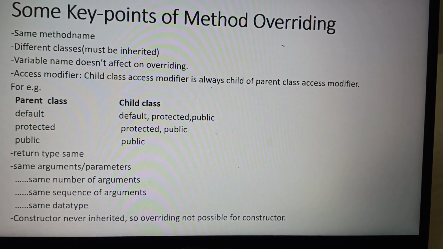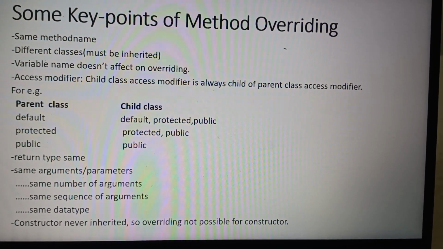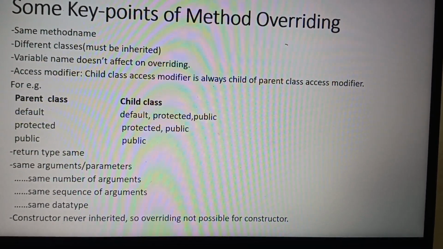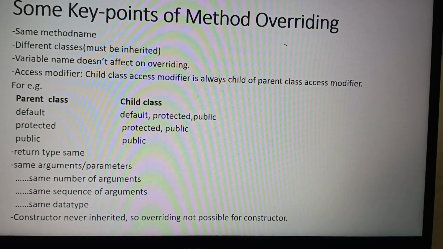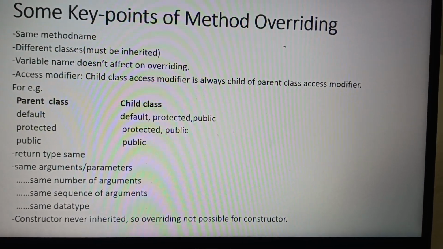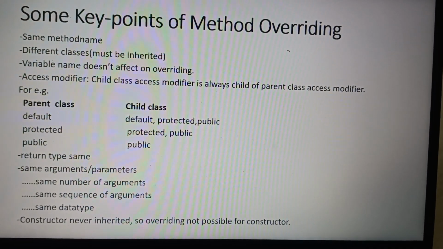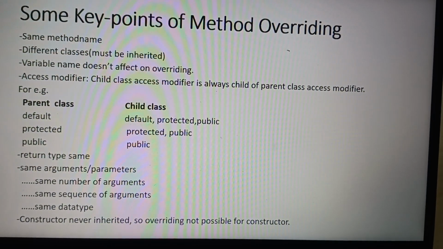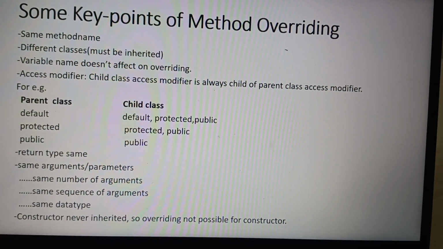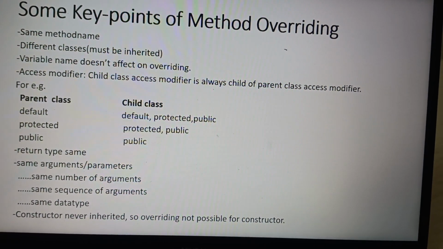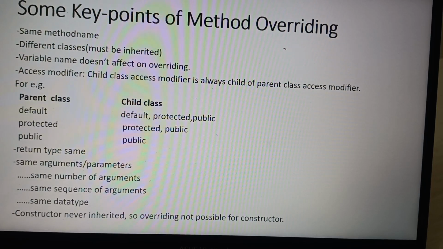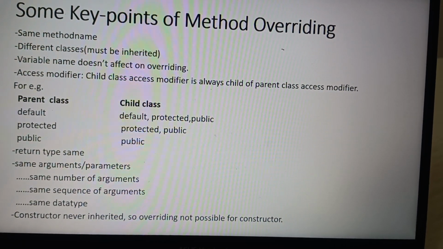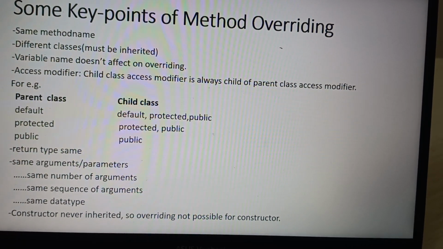Here in case of access modifier, the child class access modifier is always child of parent class access modifier. So meaning of this is, suppose for example in parent class we are using access modifier as default, then in child class we can make use of only default, protected and public access modifiers.